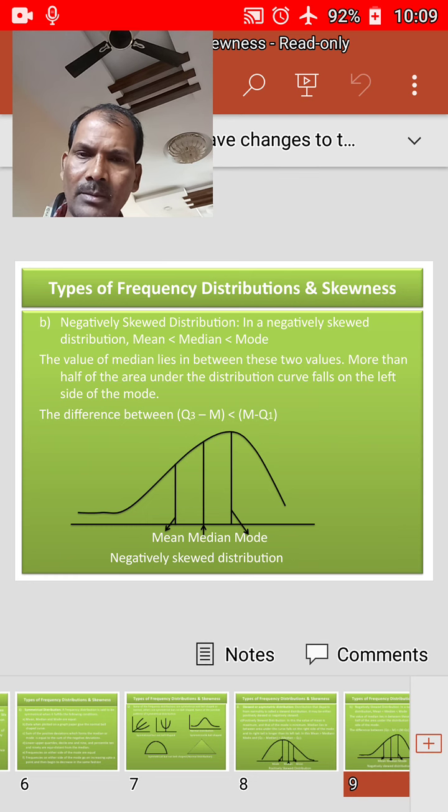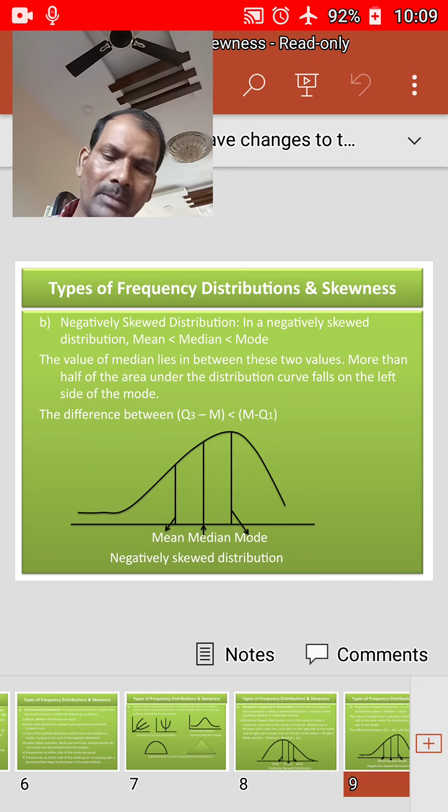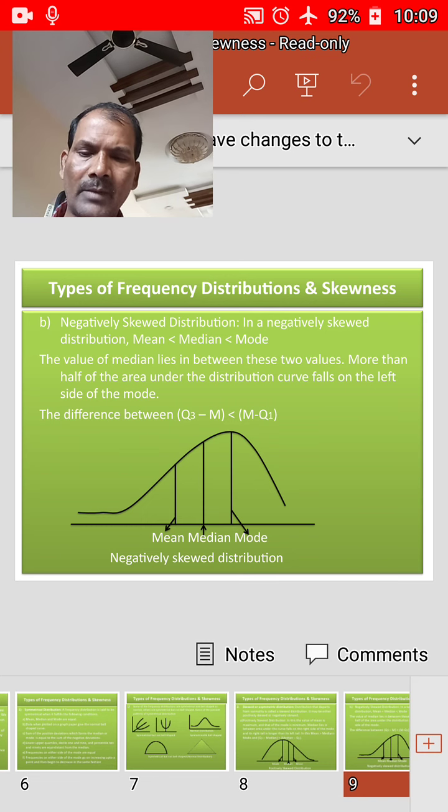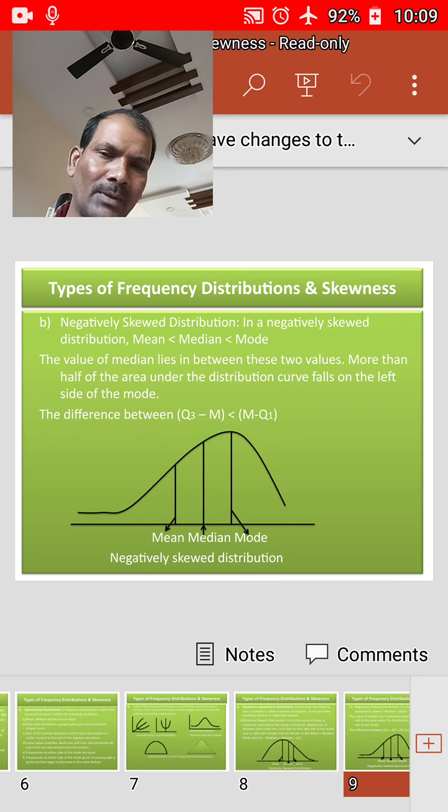The value of the median lies in between these two extreme values, and more than half of the area under the distribution curve falls on the left side of the mode.